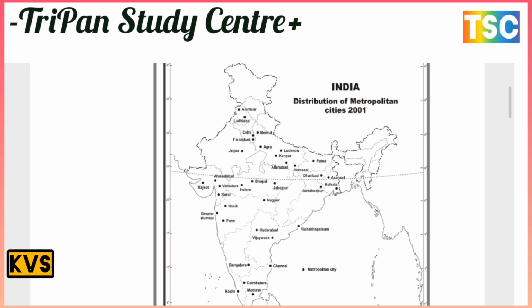This is the most important distribution of metropolitan cities in 2001 on this map.